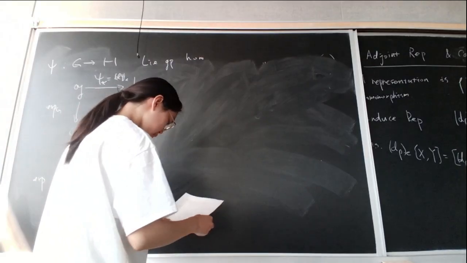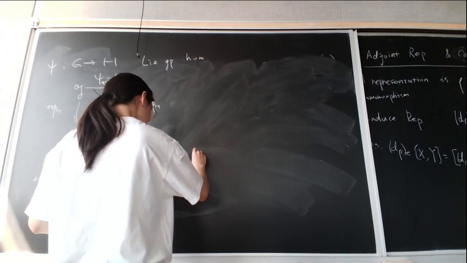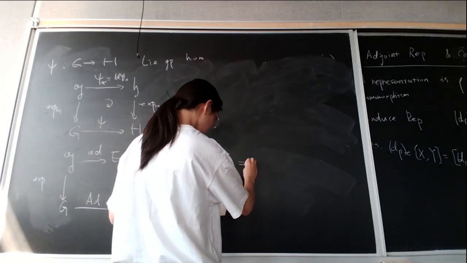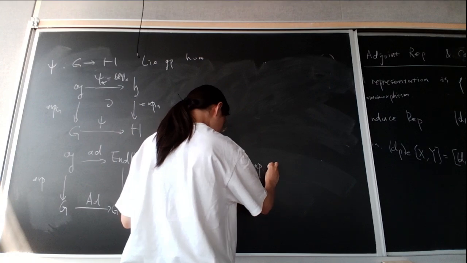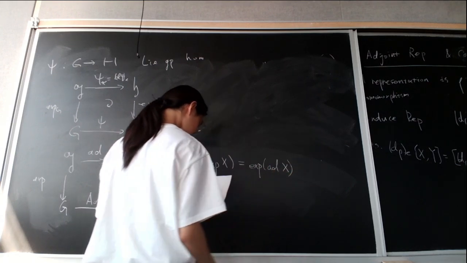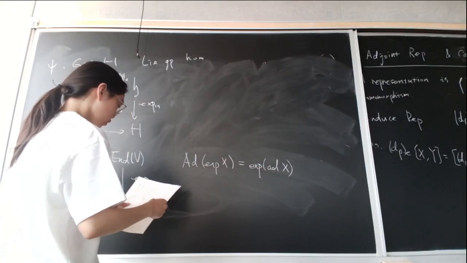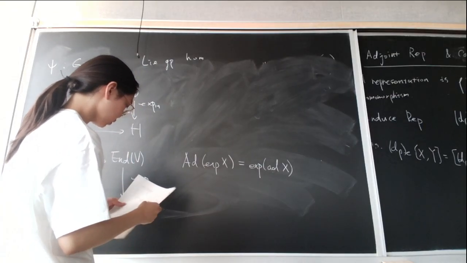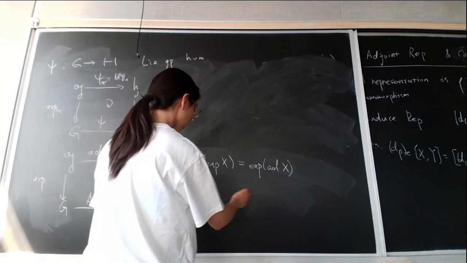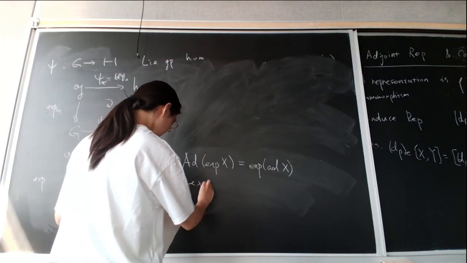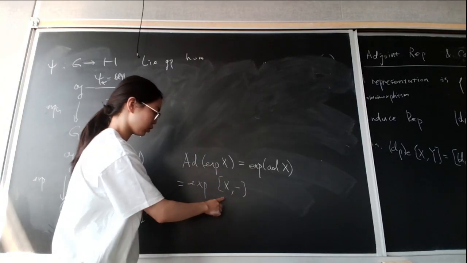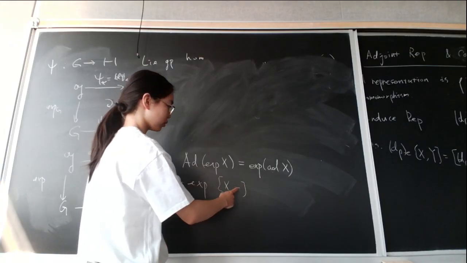And in terms of equation, you can write it as Ad of exp x is equal to exp lower Ad x. And you can rewrite the right side as exp applied to this, that's by definition.